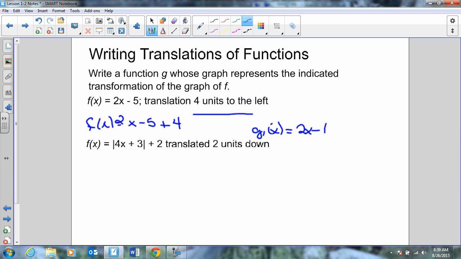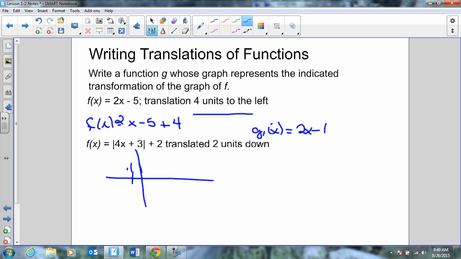Perfect. Okay, so now that's good. It's wider. It's the left 3. What's the last 2 going to do to it? Up 2. And what shape is it with the absolute value sign? A V. So that V is now wider, to the left 3 and up 2 on the graph.